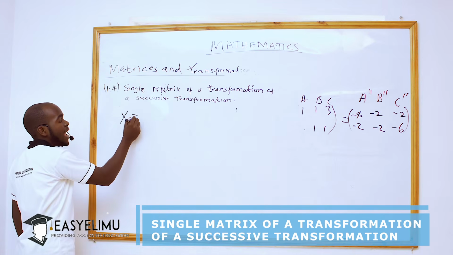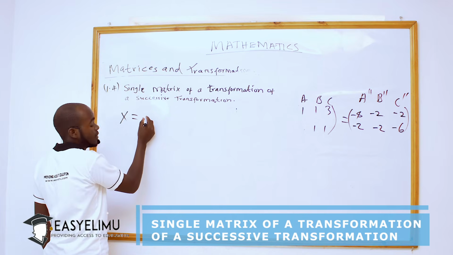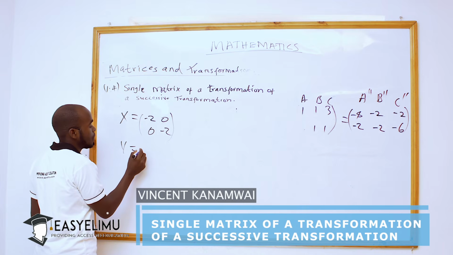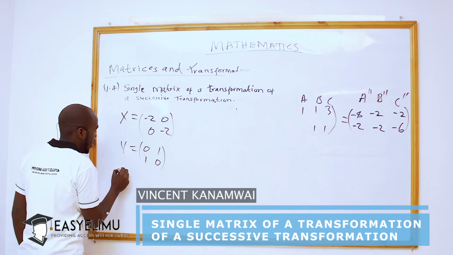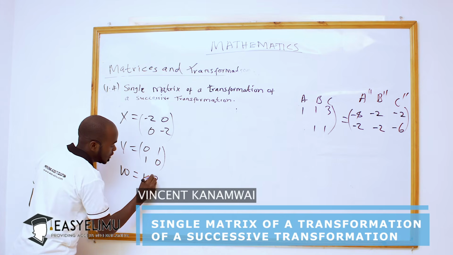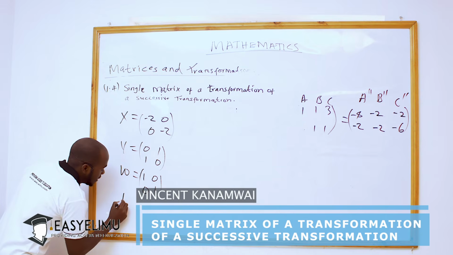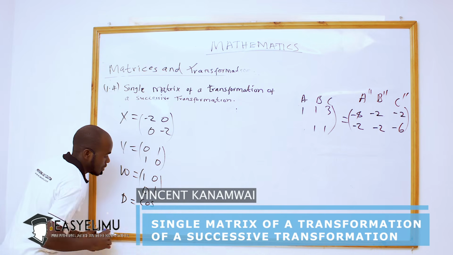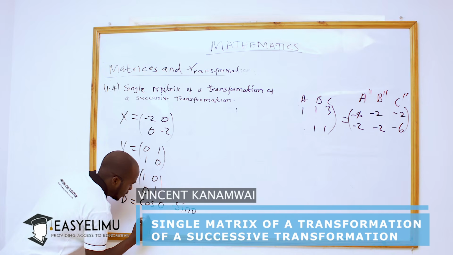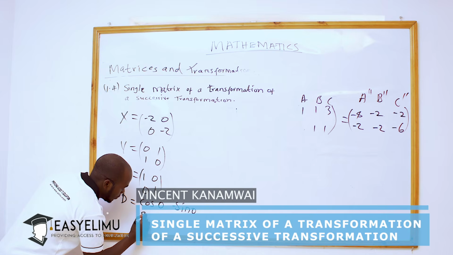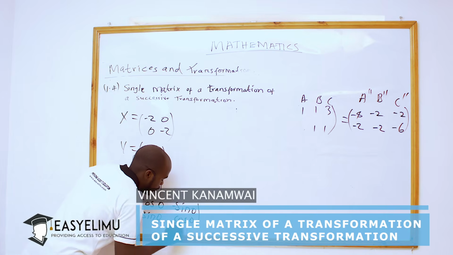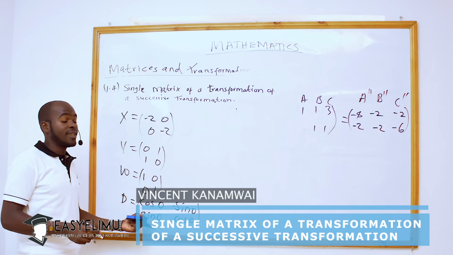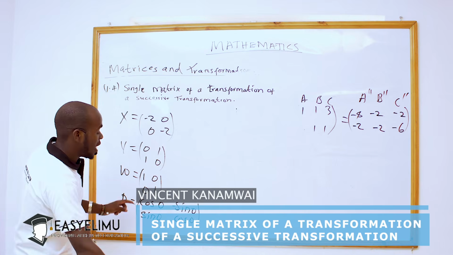For instance, as we have seen, our X was negative 2, 0, 0, negative 2, and Y being 0, 1, 1, 0, and let's say W is 1, 0, 0, 1, and even D being cos 0, negative sine 0, sine 0, cos 0. The result will be different.